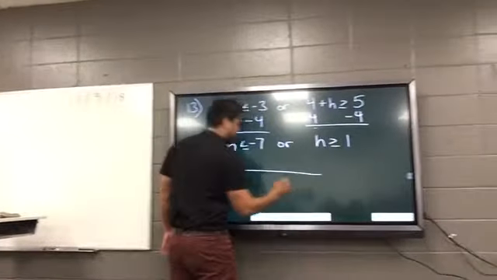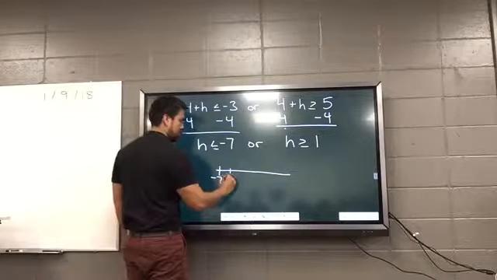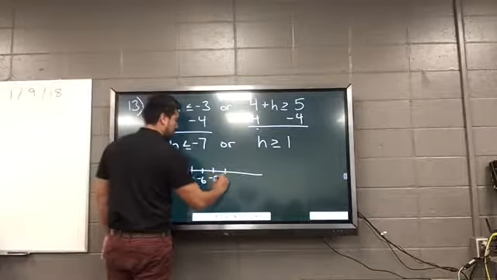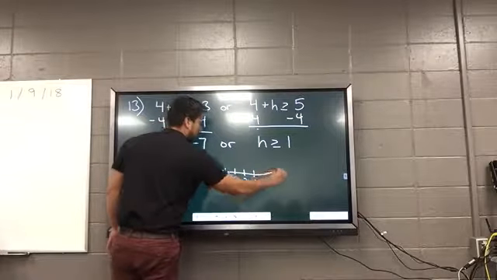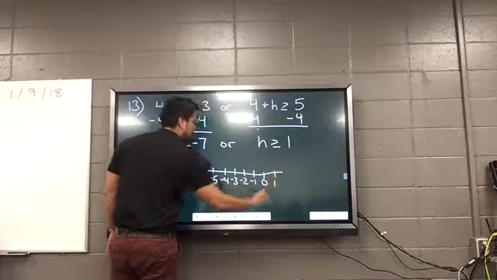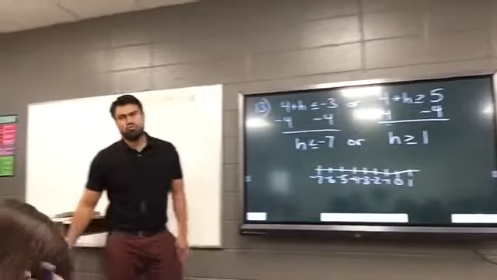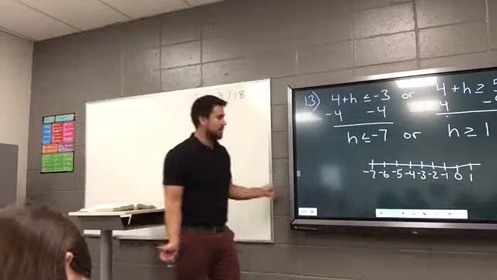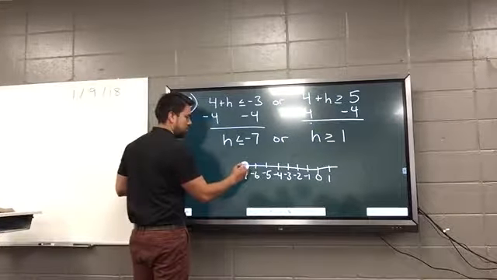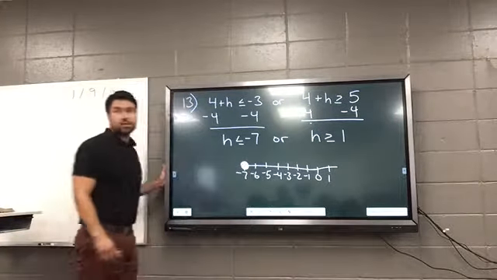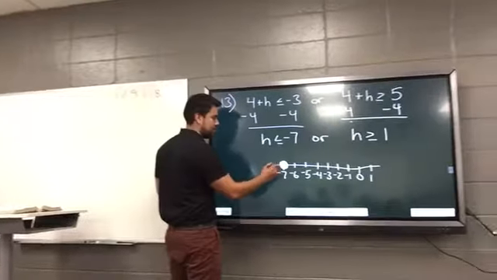Let's put those numbers on there. Okay, what kind of circle goes on -7? Closed. Line going to the left.